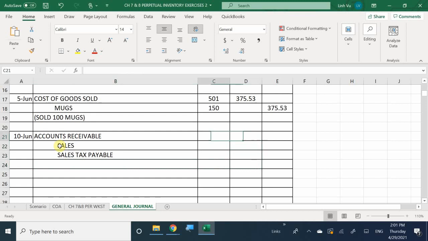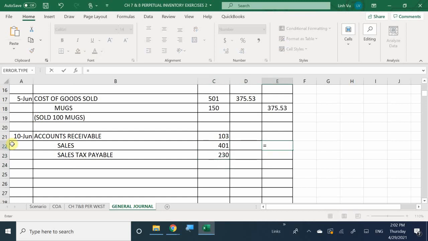All right, what was my accounts receivable account number? I think it's 103. Sales account, I can look right above. Account was 401. And 230. Okay. So if I sold a total of 250 mugs, at what price did I sell it? $10 each?